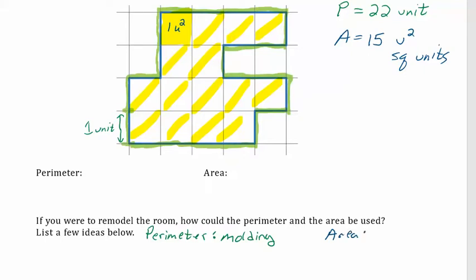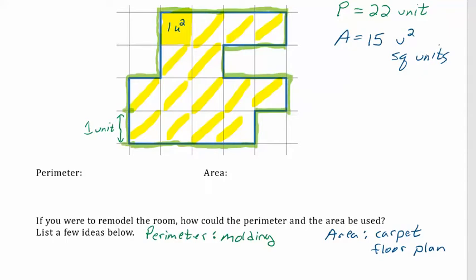If you're talking about area, maybe you're gonna get some new carpet. Maybe you're gonna modify the floor plan, like the arrangements of the furniture. That would have to do with area.